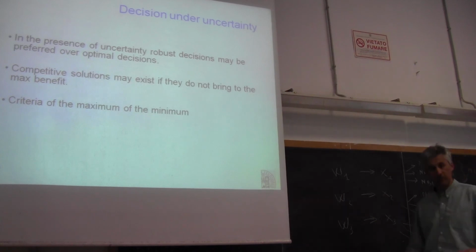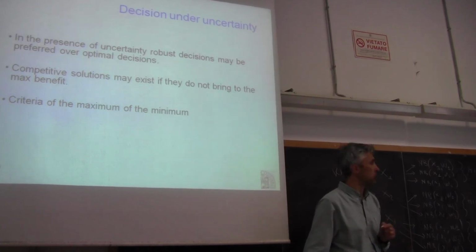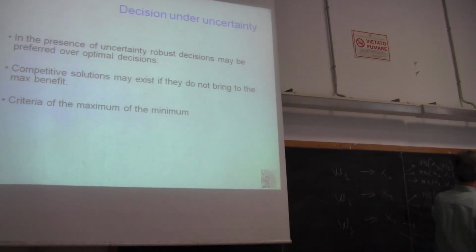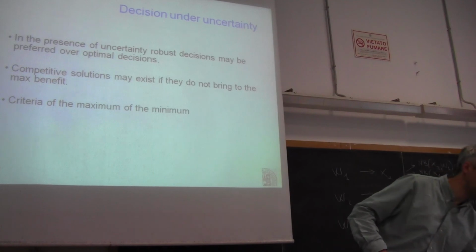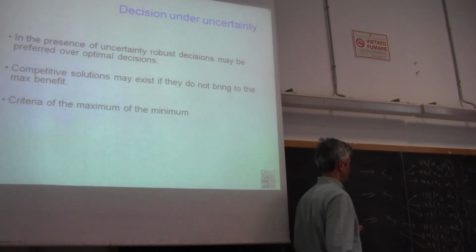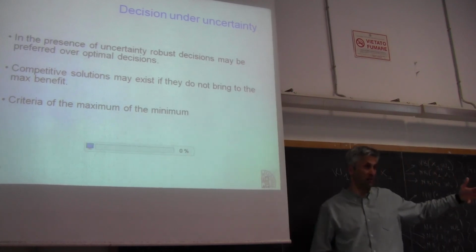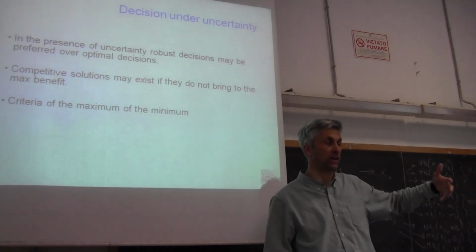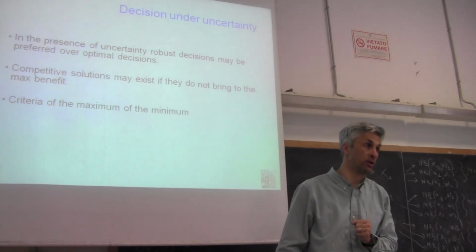Okay, so which decision should I take here? x1, x2, or x3? Let me take the decision that gives to me the max of this minimum. Because in this way, I am sure to get the maximum of the minimum benefit. I am sure to get the maximum benefit that is for sure available.